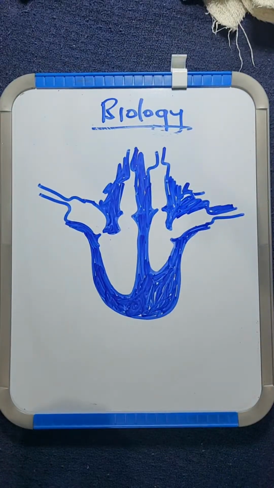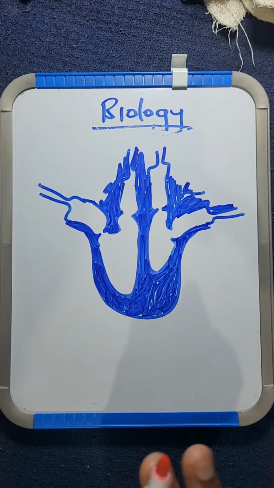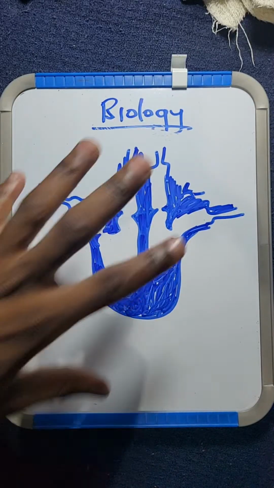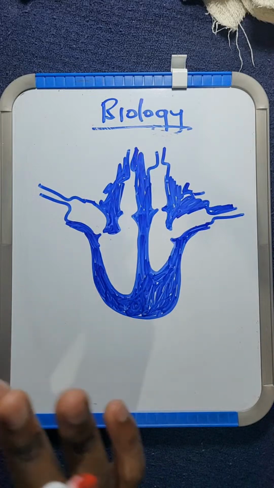All right. So we've got the heart there, which I hope is clear on your end. I want us to now first focus on the blood vessels. We know that the heart pumps blood around the body through blood vessels.